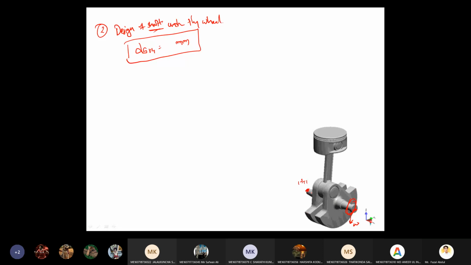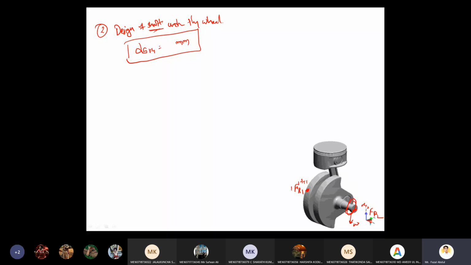HT1, HT2, FR1, FR2, otherwise HR1, HR2. So at this particular point, this point is nothing but the bearing. So at this particular bearing, HT1 tangential and radial, two forces are acting.